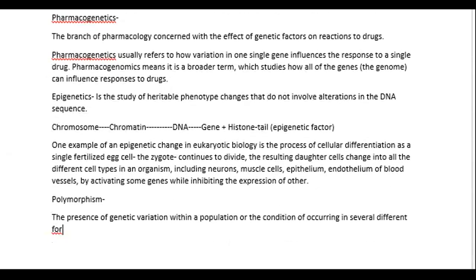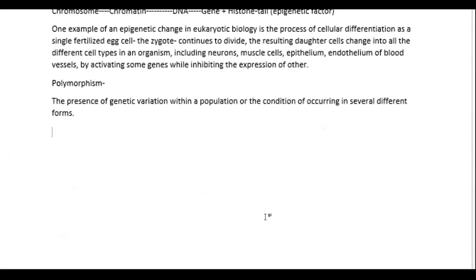So, what does polymorphism mean? The occurrence of a single gene in many forms. Okay, and in order to understand this, let us discuss it with an example.